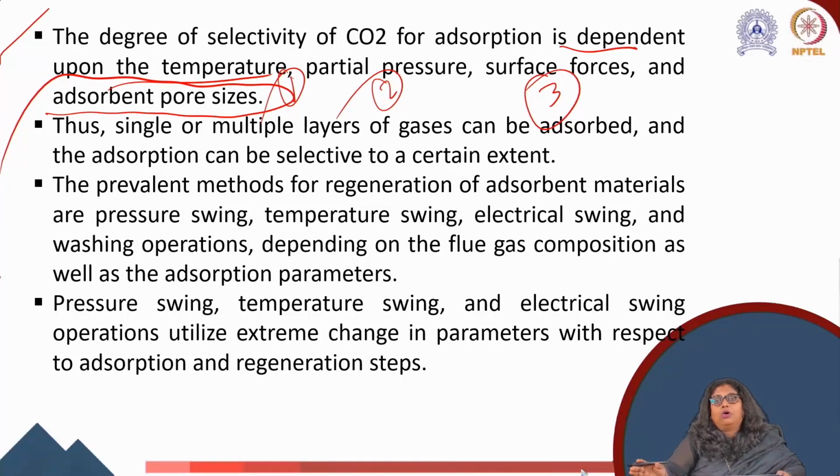Single or multiple layers of gases can be adsorbed, which we call single layer adsorption or multi-layer adsorption, and the adsorption can be selective to a certain extent. There will be available active sites where the CO2 will be adsorbed on the adsorbent. The prevalent methods for regeneration of adsorbent material are as shown in the figure.